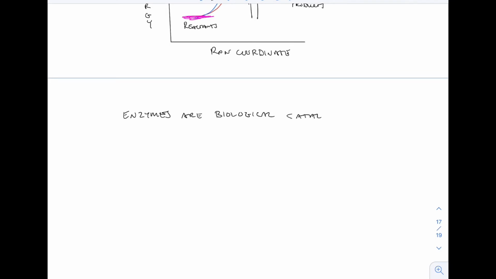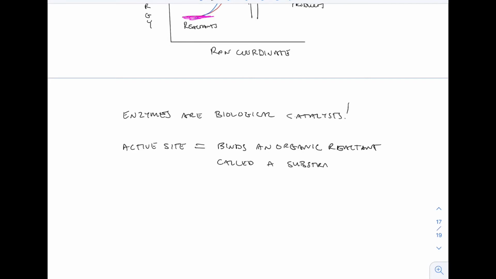Now, enzymes are biological catalysts. They're just biological catalysts, right? So they are inside of our body, and it's actually really important, which I'll touch on in a minute, that they do actually lower the activation energy. So the active site is basically, it binds an organic reactant, and that's called a substrate, okay?